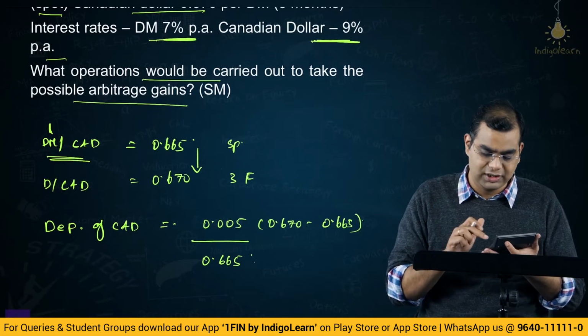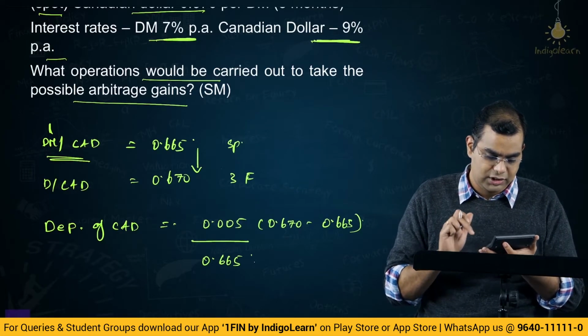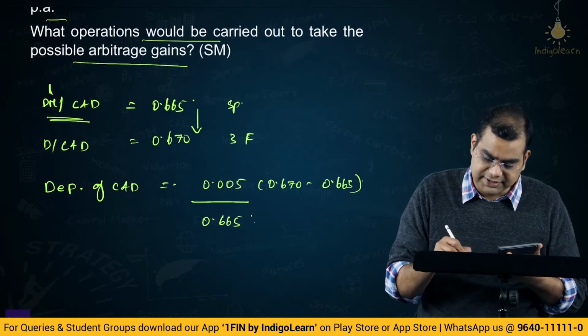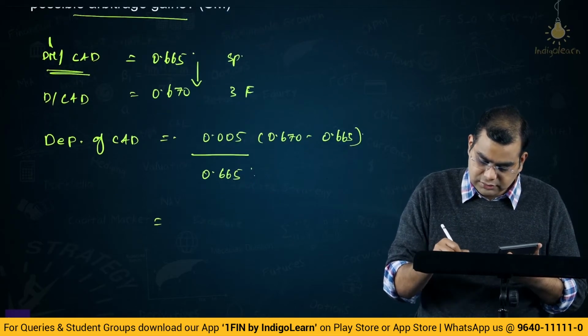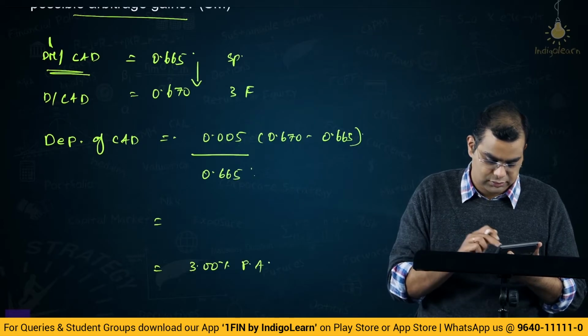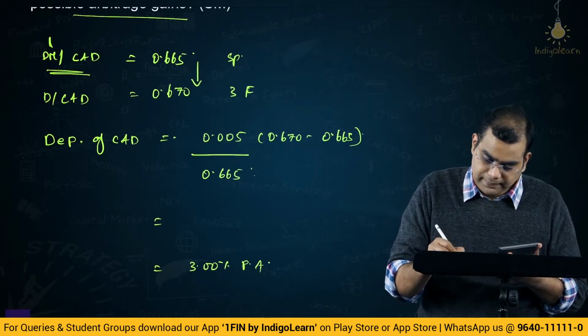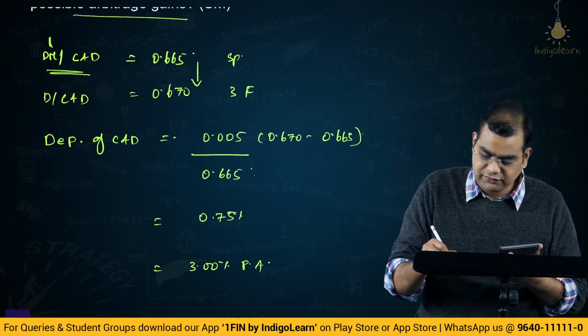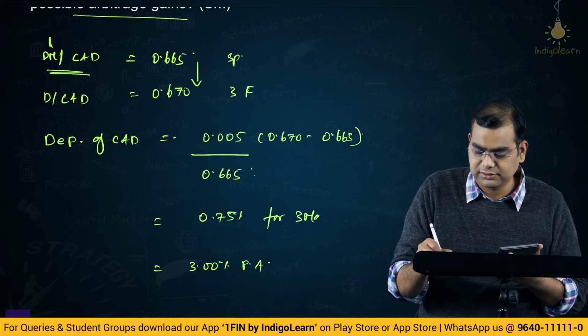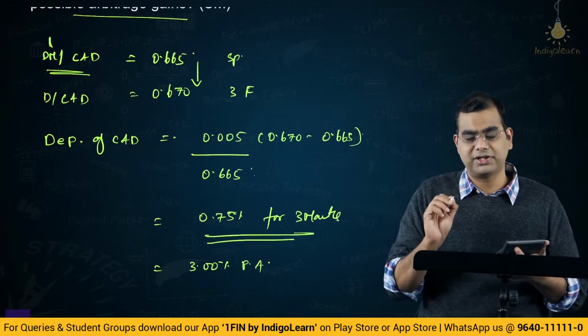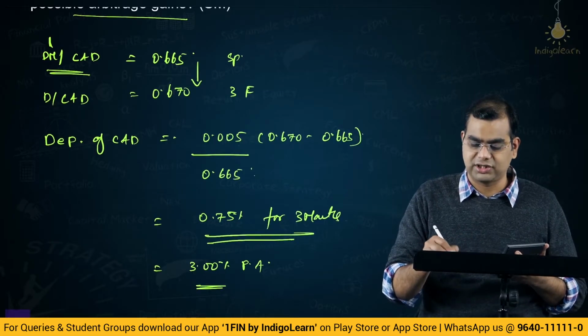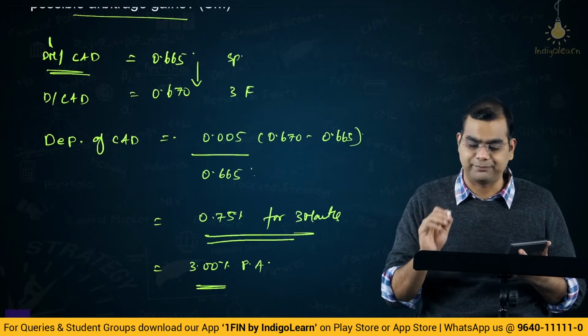If you need annual depreciation, you have to multiply by 4, so you will basically get 3%. That is 0.75% for 3 months. Correct? So it is depreciating by 3 percentage points per annum.